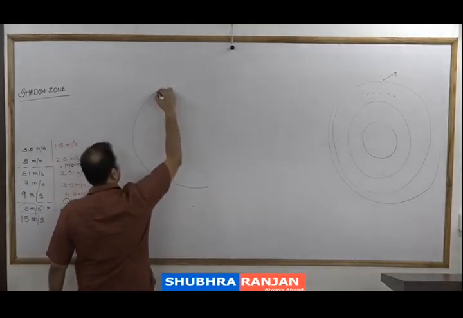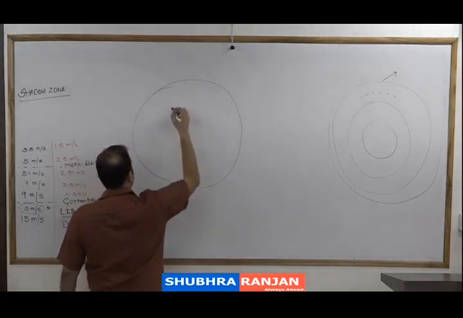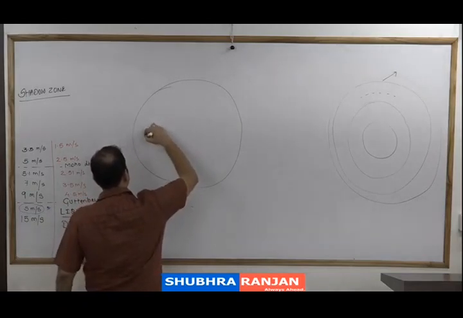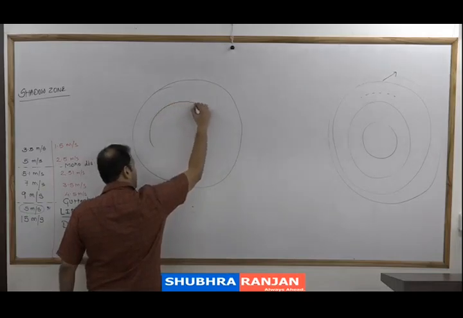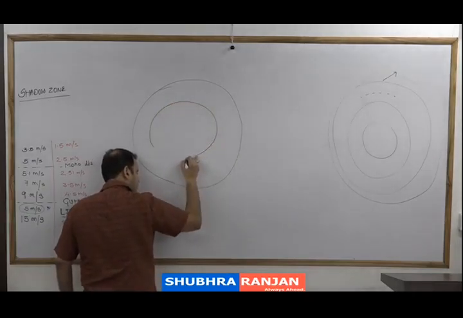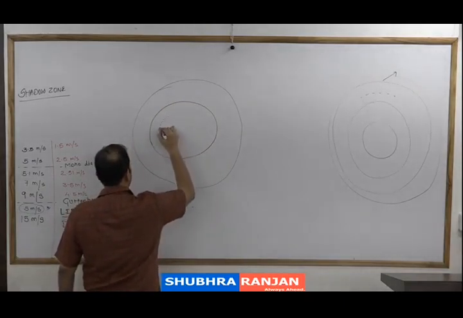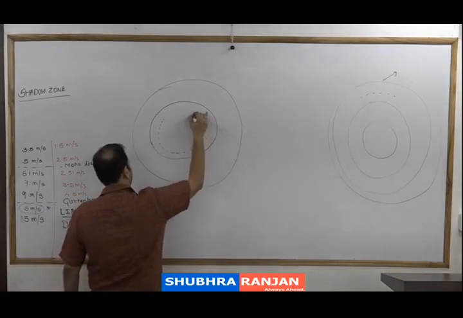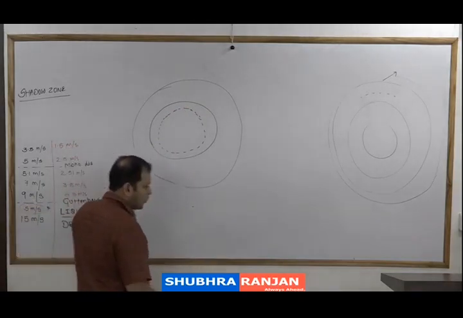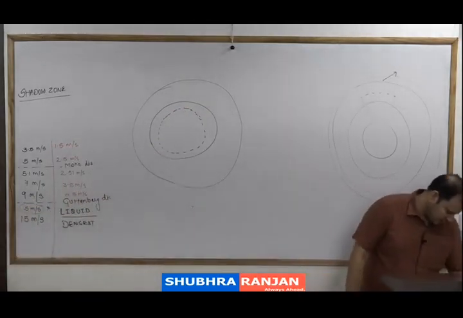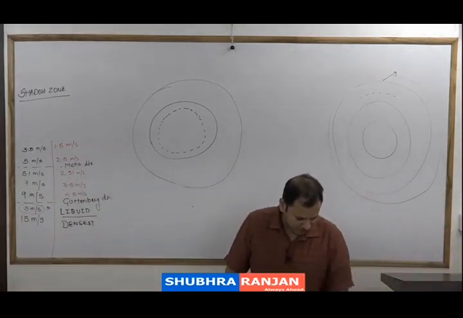Because the S waves do not pass through the outer core. And hence the shadow zone of an S wave is greater than the shadow zone of a P wave.